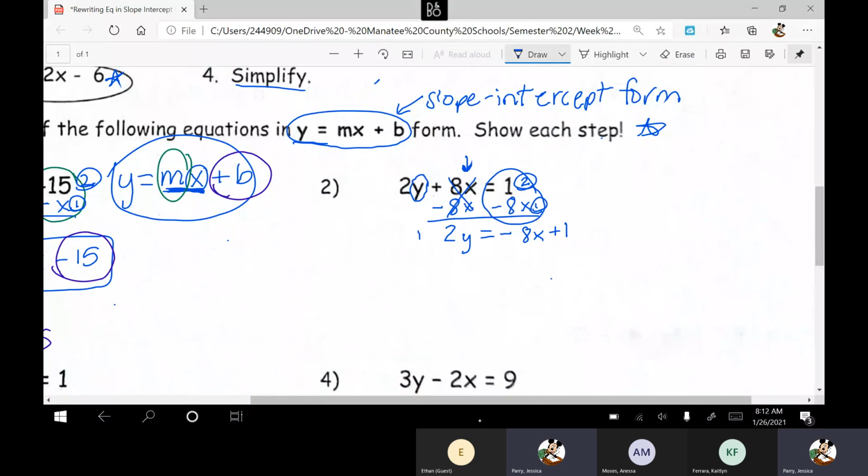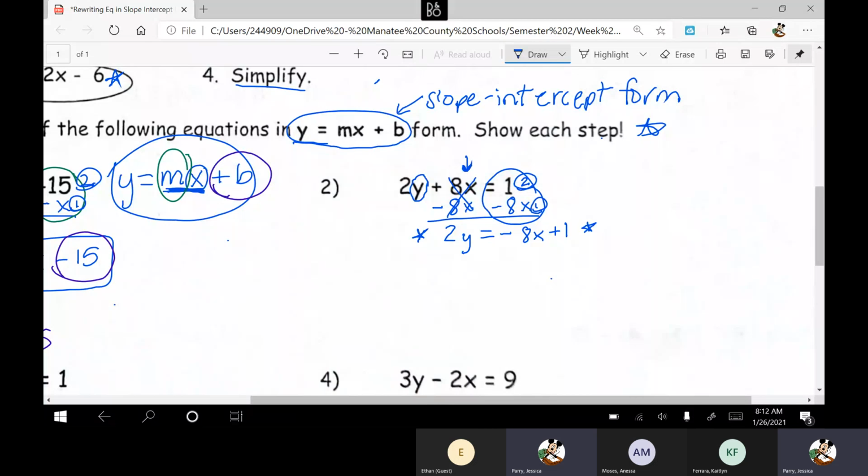Okay, is the y all by itself yet on this line? No, because we have that 2 that's touching the variable y. What is that operation when it's 2 and y touching like this? How can you read that? Would you say that is 2 plus y, 2 minus y, 2 times y, or 2 divided by y?